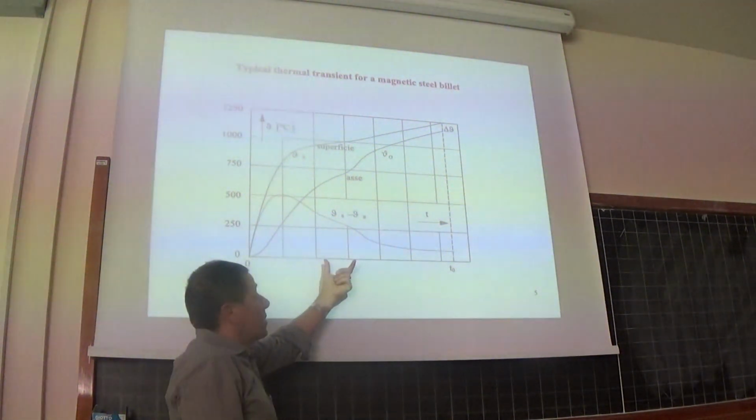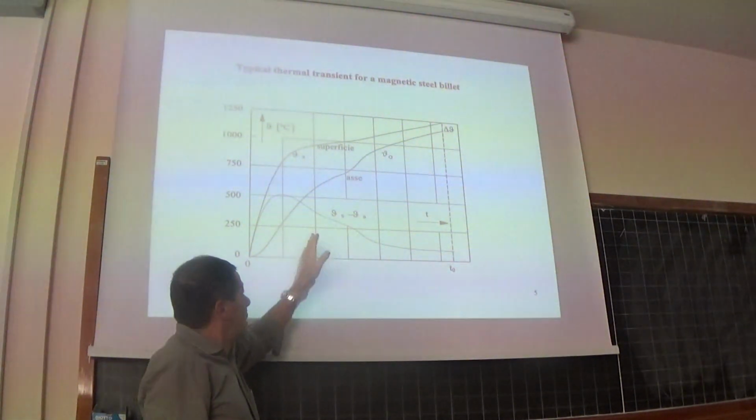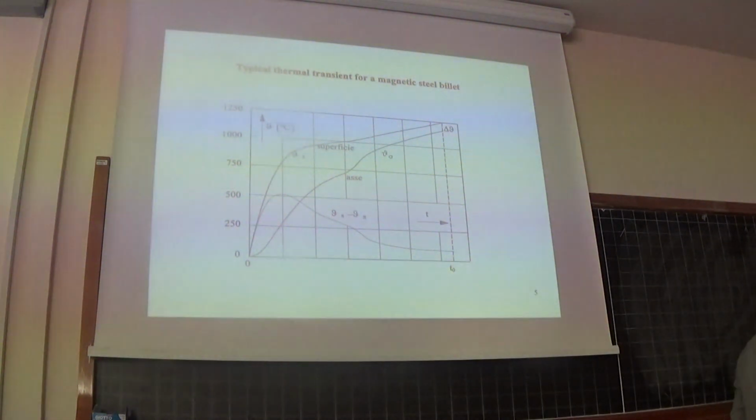The other very important part is the transition. As I told you in different lectures, the Curie transition is a sort of transformation with a latent heat of transformation.